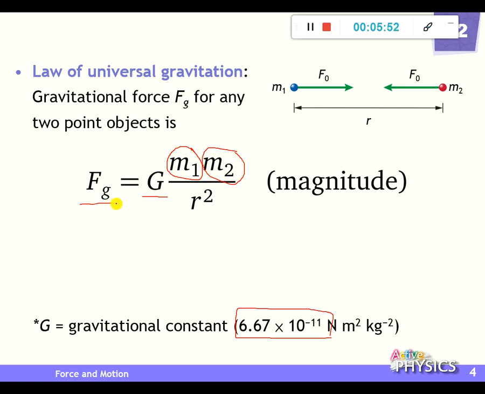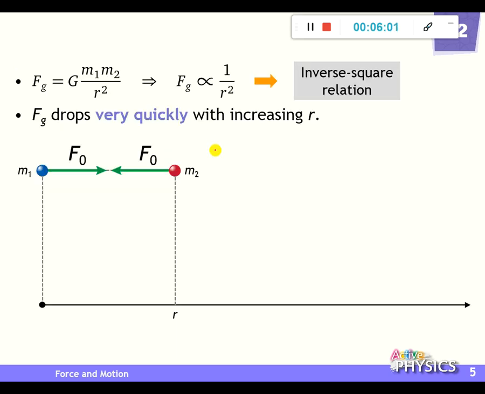Otherwise, you cannot feel the existence of this force. Now try to use this formula. Of course, you need not remember it; you can find it in the formula sheet.